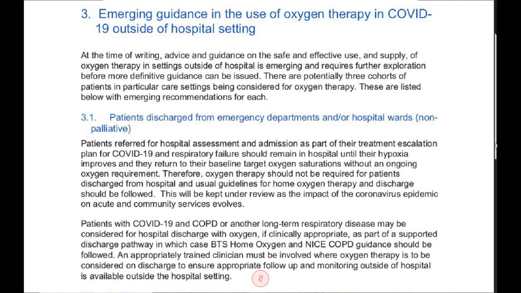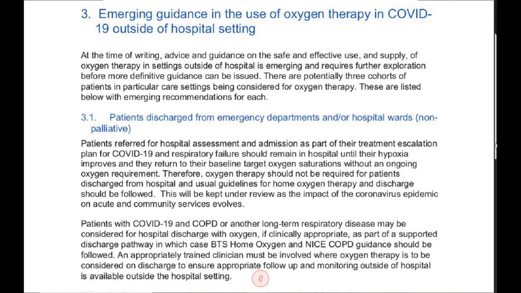But if they decide that they would prefer to stay at home, then there is a consideration for home oxygen for palliation of symptoms. Now, most palliative care documents will say that oxygen is not a treatment for breathlessness. It is a treatment for hypoxia. So if you are both hypoxic and breathless, it is not unreasonable to give a trial of oxygen therapy to see whether or not that relieves breathlessness.